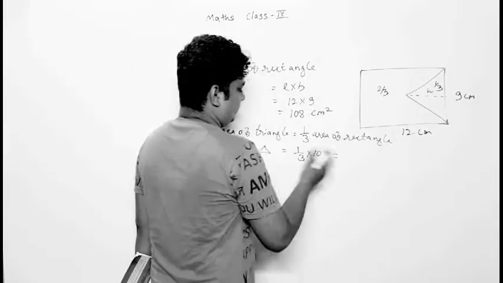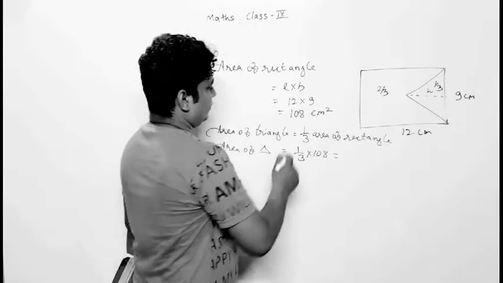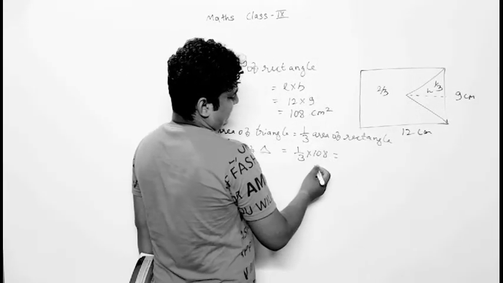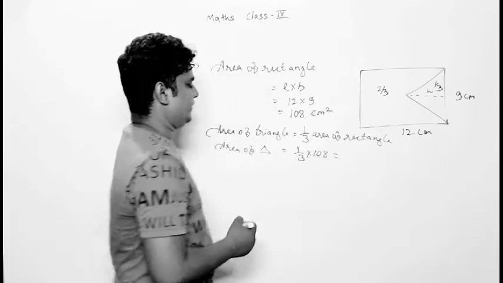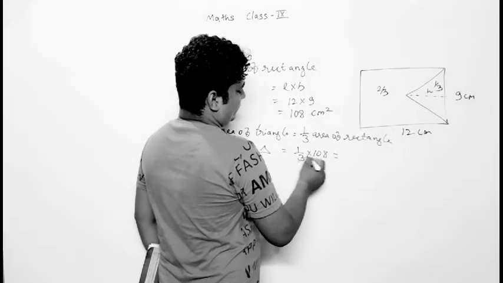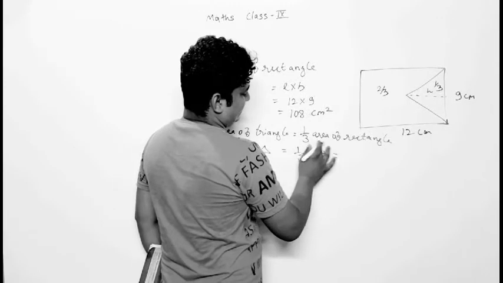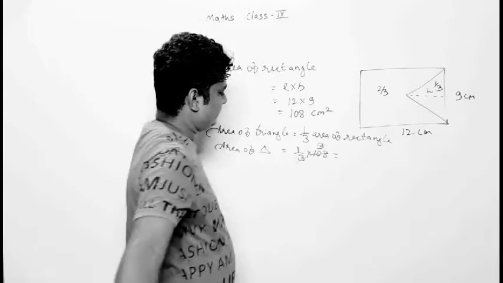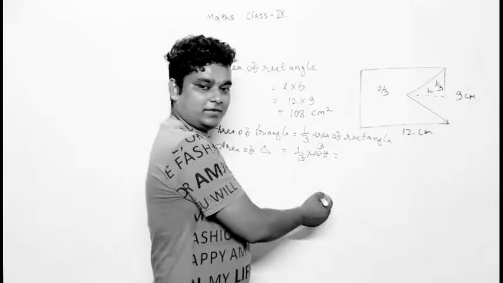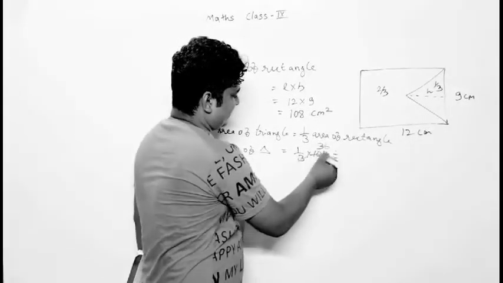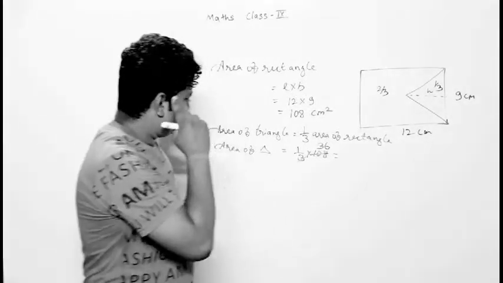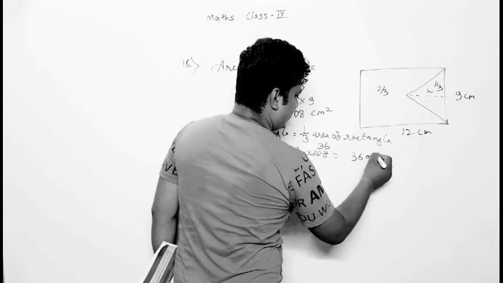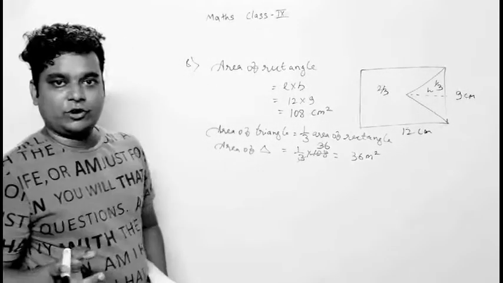When we divide this, it will come 36. So we have got that the area of the triangle equals 36 meter square.